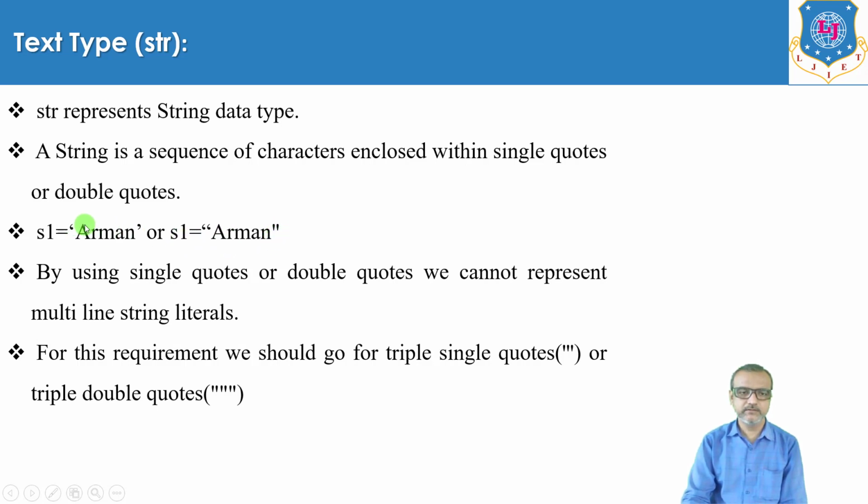So by using single quotes or double quotes, we can create a string. By using single quotes or double quotes, we cannot represent multi-line string literals. So for that purpose, we will use triple single quotes or triple double quotes. For this requirement, we should go for triple single quotes or triple double quotes.